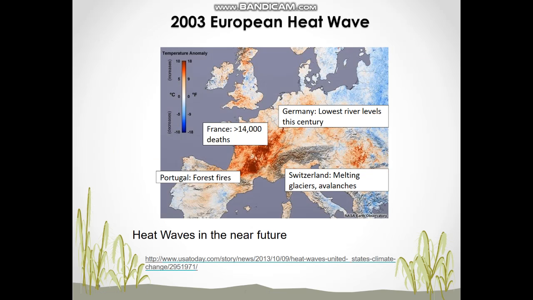In Germany, the lowest river level in the century was observed, and in the UK, it caused train rails to buckle because of the heat wave. It is also projected that the US will see unprecedented heat waves by mid-century based on the models, especially in Phoenix, if the governments continue emission of greenhouse gases.